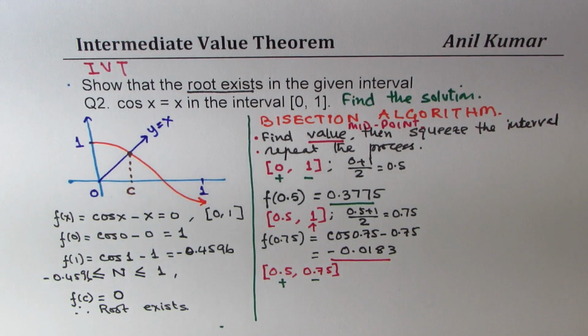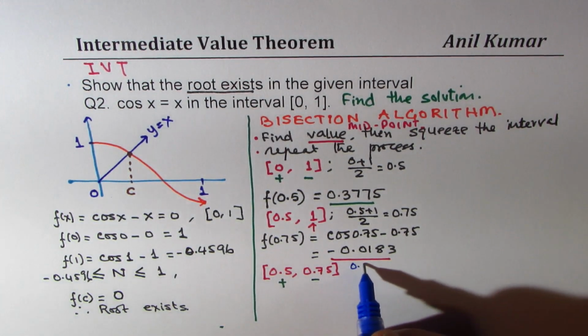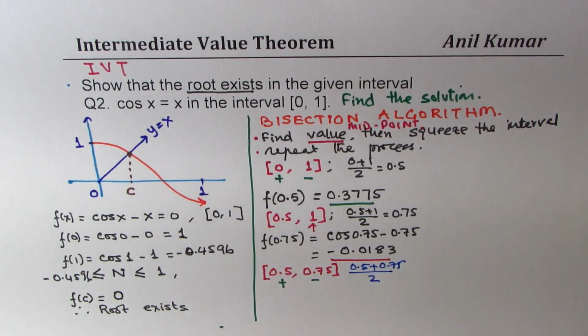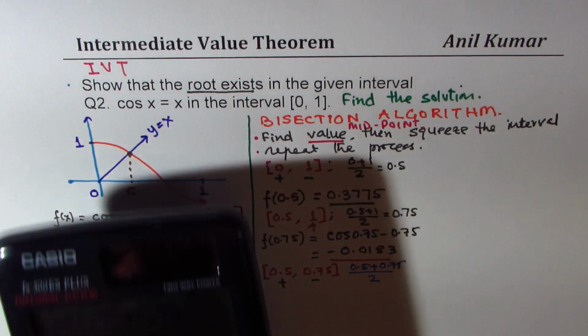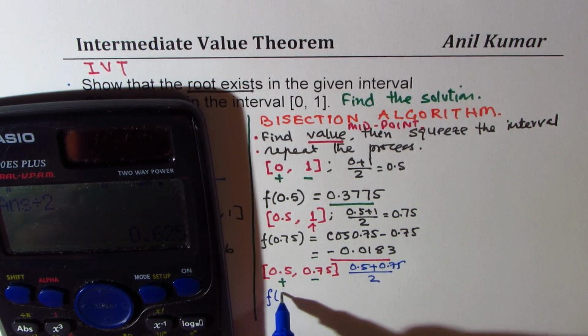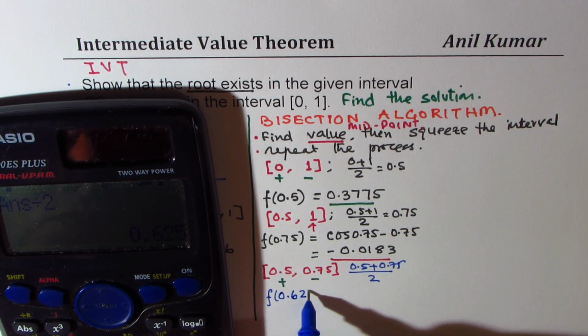So now again, let's find the mid value. That is to say, we'll find the average of these two, 0.5 plus 0.75 divided by 2, which is 0.625. So we'll find the value of the function at 0.625.